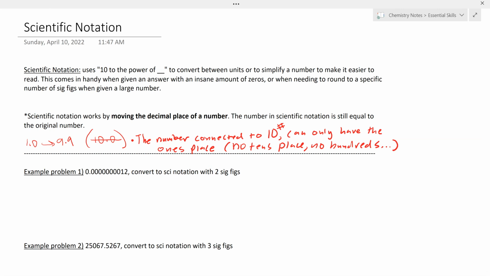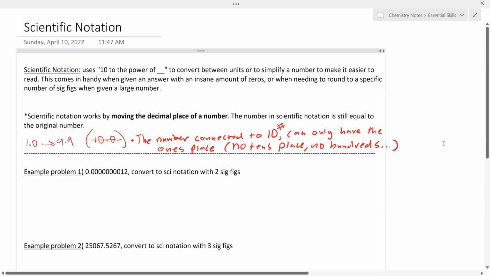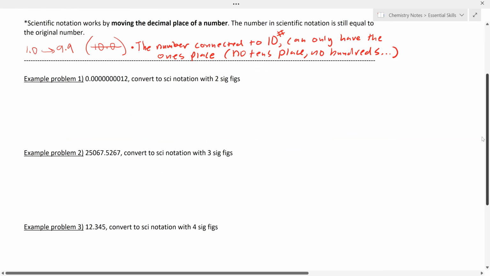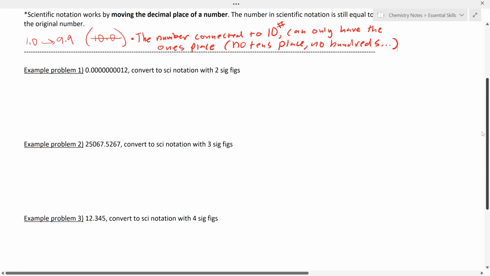So now that that's established, we can go back to what we were doing. So we've got this number here, and these are the two numbers that we want, right? So we need to figure out how far we need to move that decimal. In this case, we need to move it 1, 2, 3, 4, 5, 6, 7, 8, 9 places.